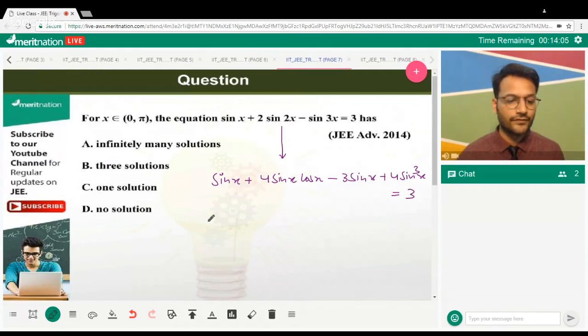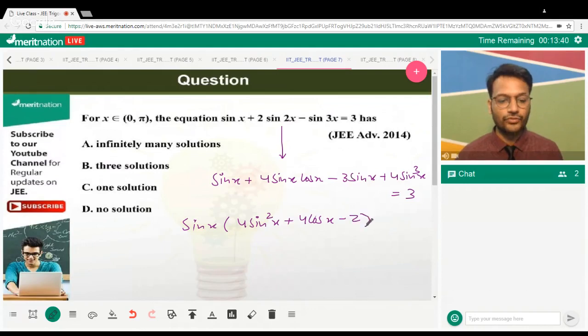I hope this is fine with all of us. So this turns out to be minus 2 sine x. We can take sine x as common as well. So this minus 2 will be left over here, you will be left with 4 sine square x, and from here you'll be left with plus 4 cos x. From these two, you will be left with minus 2 equal to 3.